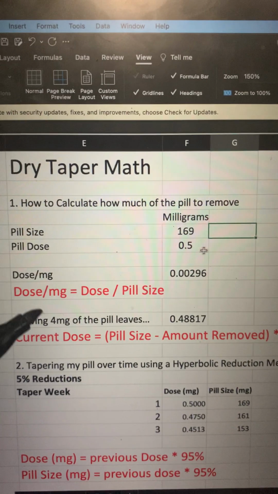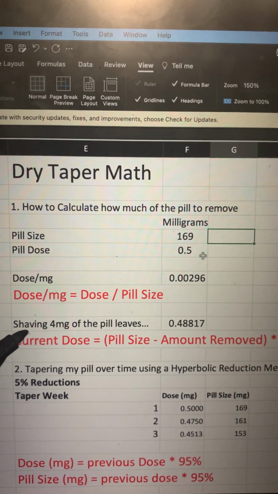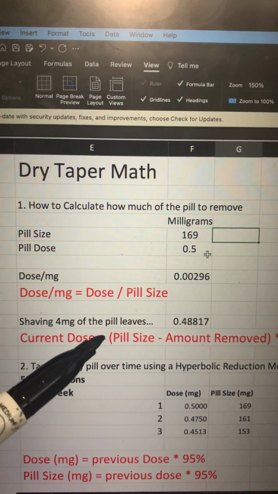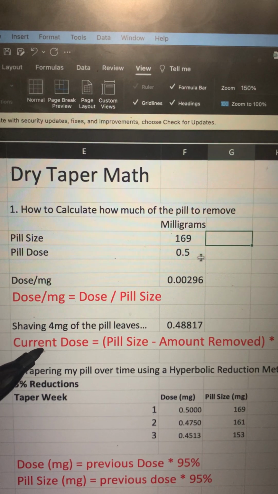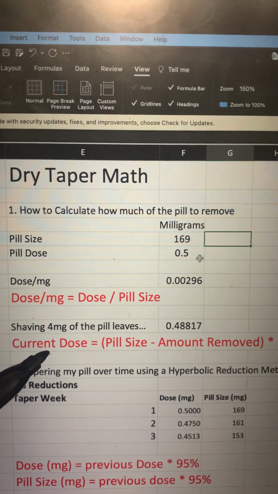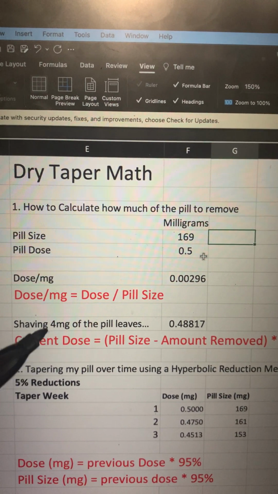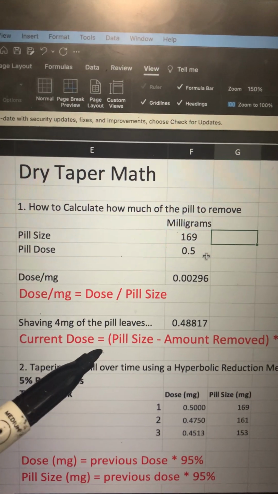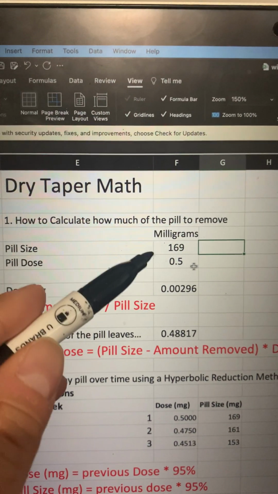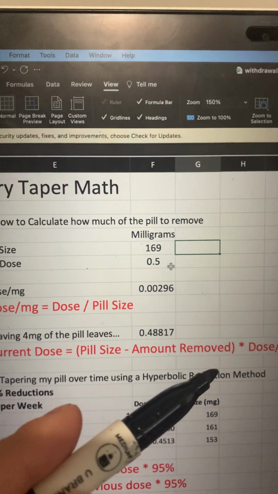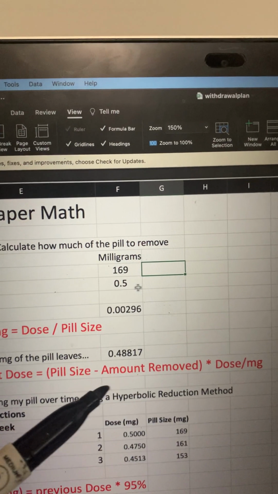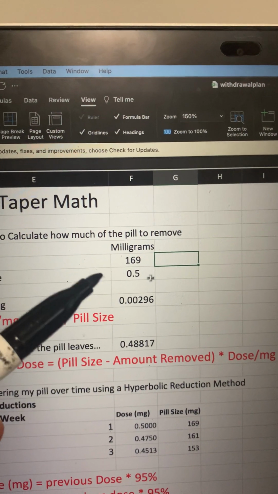You can see here, I've got, if you shaved 4 milligrams of the pill, right? So for this one, you would just do the same thing I just showed you. So current dose, which is going to be the dose that you're currently taking if you shave 4 milligrams off, would equal the pill size, 169, take away the amount removed, times dose per milligram. So the pill size is 169.